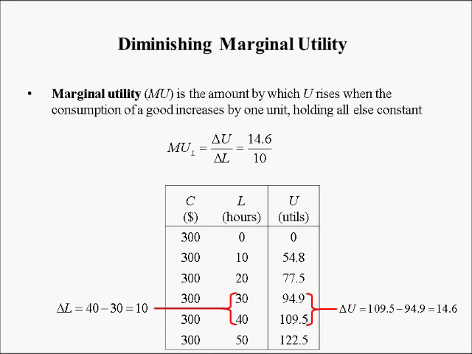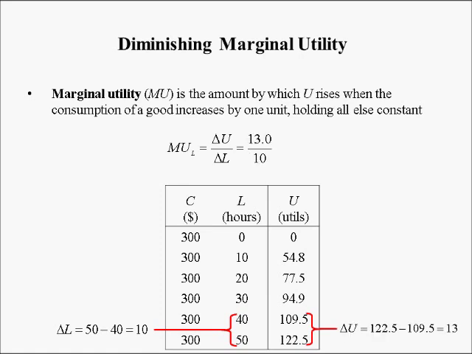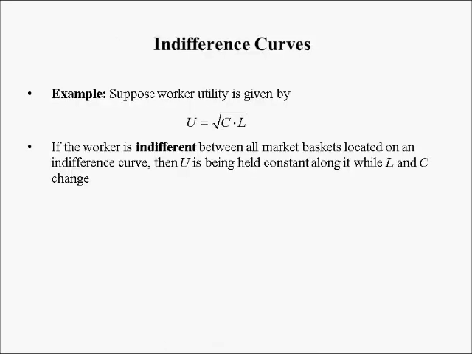On average, increasing leisure by 1 hour increases utility by 1.46. Increasing leisure by 10 more hours increases utility now only by 13. On average, if we increase leisure by an hour, we're going to see our utility increase by only 1.3 utils.